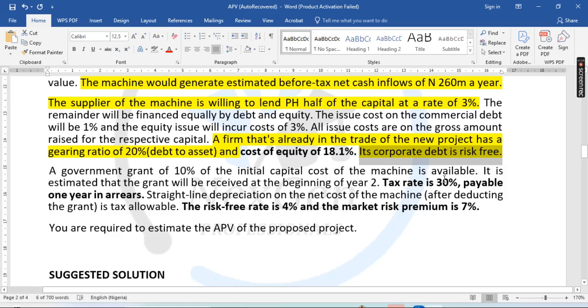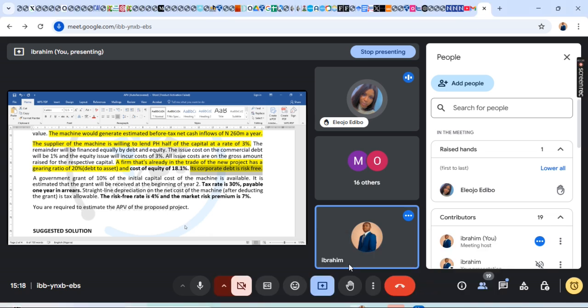What it means is that if your risk-free is 4%, your corporate debt will be 4%. The earlier interpretation, that the corporate debt should be zero, is wrong. Its corporate debt is risk-free, and the risk-free is 4%, so definitely your corporate debt will be 4%.